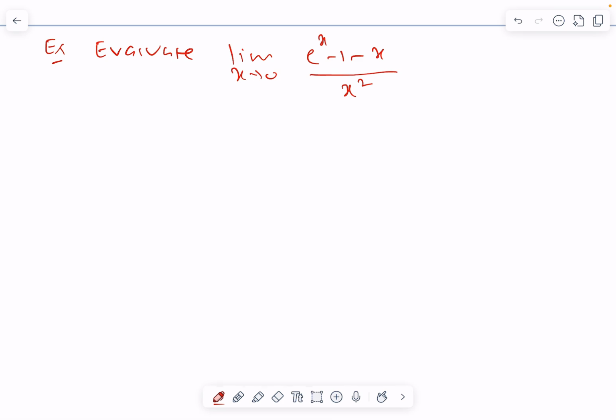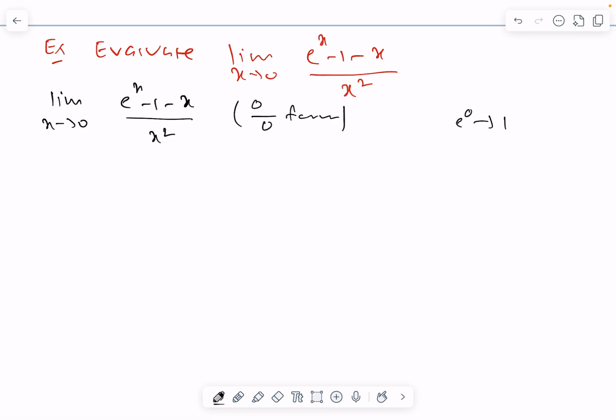Now see, when x tends to 0, e power 0 is 1, so this is 1 minus 1, 0, minus 0. So this is 0, and the denominator is also 0. So that is 0 by 0 form.